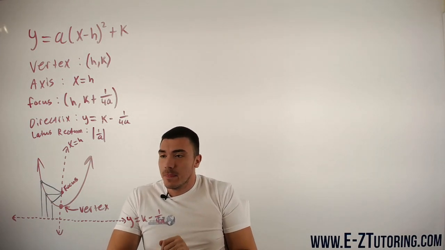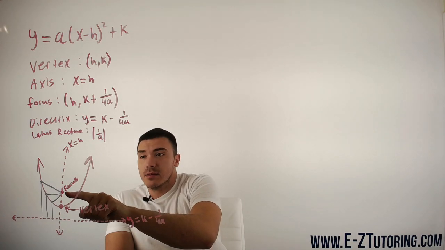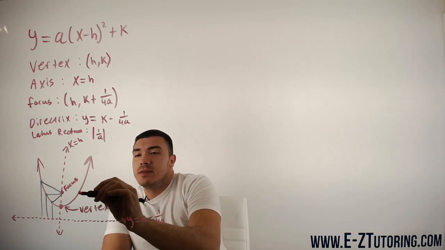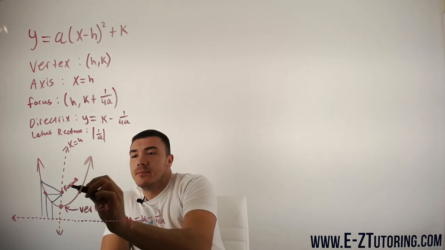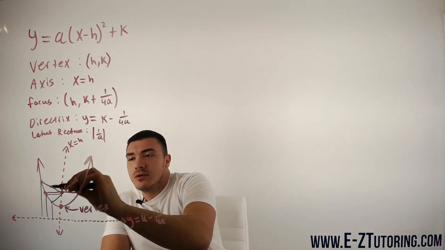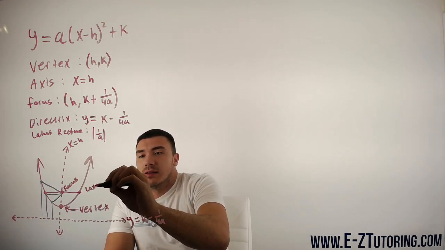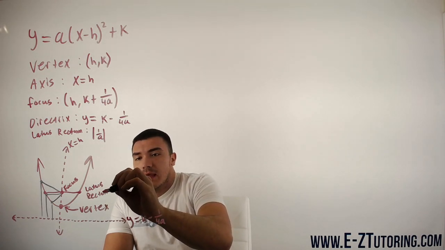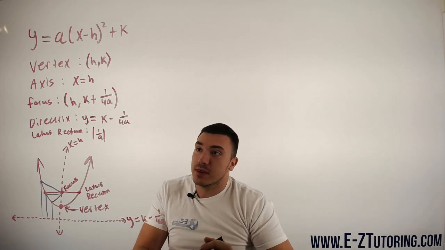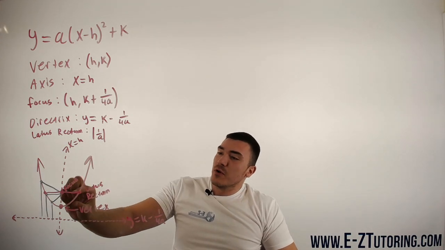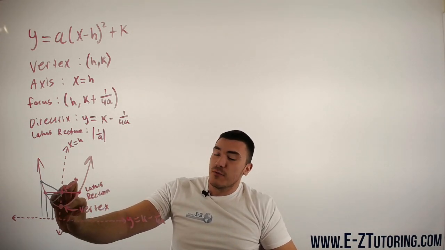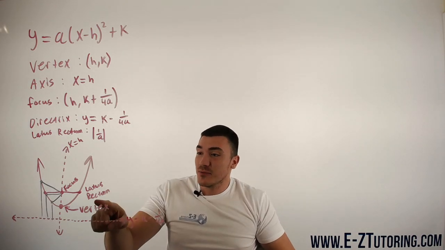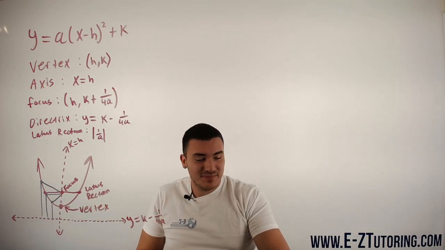The latus rectum is going to be the distance that crosses through the focus and has endpoints on the parabola. So this distance right here is going to be your latus rectum. And these all have an association with a. If you remember, the focus and the directrix are just a difference of 1 over 4a compared to the vertex. And the latus rectum is just 1 over a.